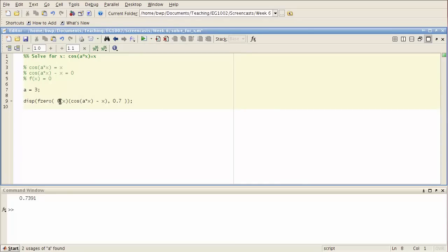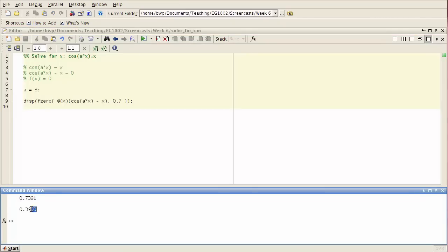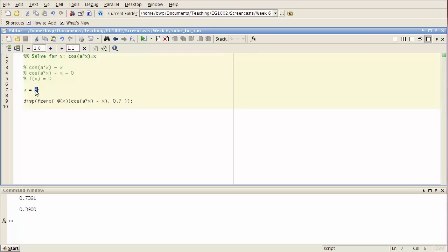So this variable a is accessible to this whole line of code, and therefore this anonymous function has access to that variable as well. So if I run that, our answer is now 0.39 instead. And so I can put in different values here for a and get out different solutions each time.